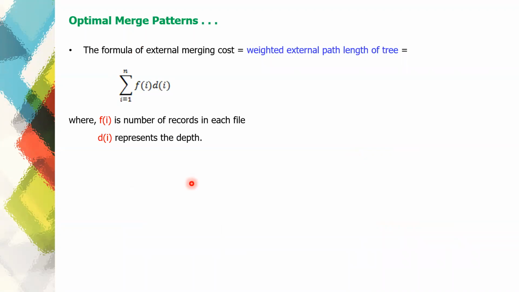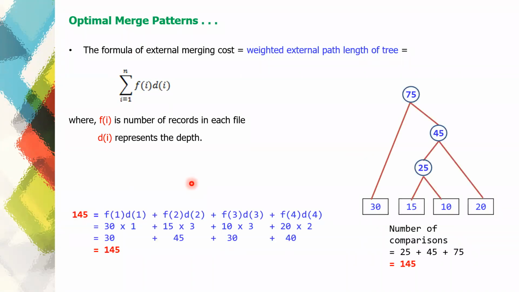So now, if you can see, this was the optimal merge pattern. And for this optimal merge pattern, I have computed the number of comparisons, or the time complexity of merging, as 145. For this, I have made a sum of the internal nodes. These are the internal nodes, 25, 45, and 75.